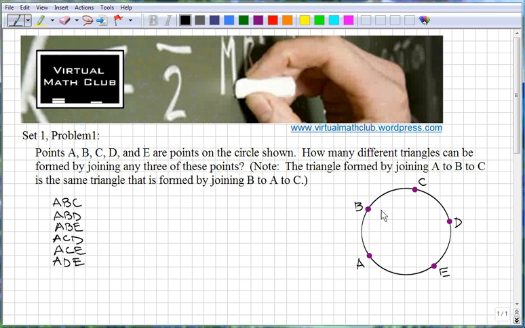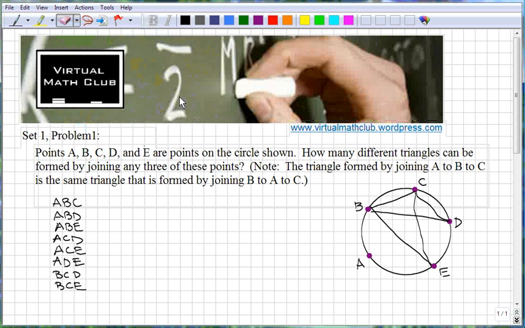So let's just keep moving around the circle. Let's go to point B. We'll connect B to C, and you can see that we could connect BC to D or BC to E to form triangles. So let's list those out. BCD and BCE. Okay? And we can keep moving around the circle.